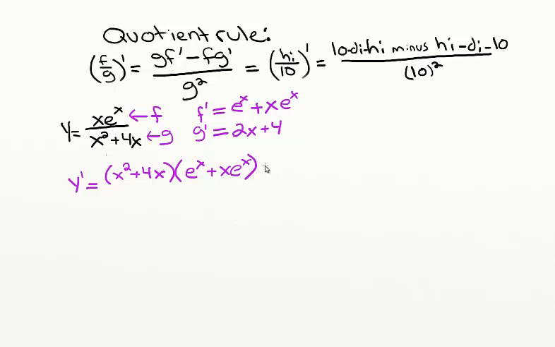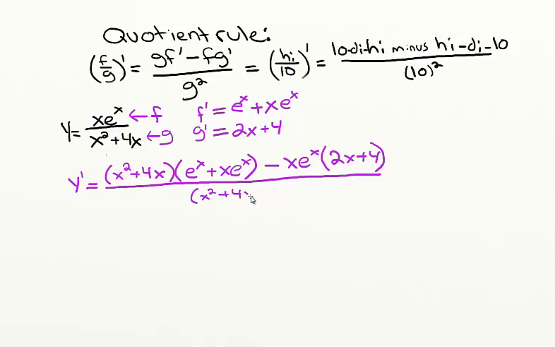Alright, then we have to subtract from it our high, which is our x e to the x, times our d low. And our d low we have right here, it's the derivative of g, so g prime, that's 2x plus 4. So we'll get x e to the x, that whole thing times 2x plus 4, all over our low squared, which is x squared plus 4x, that whole thing squared.